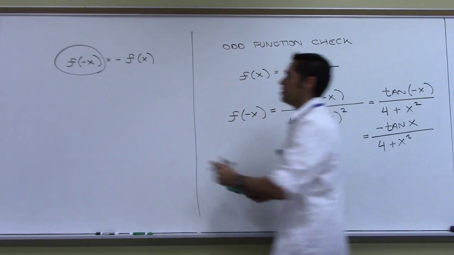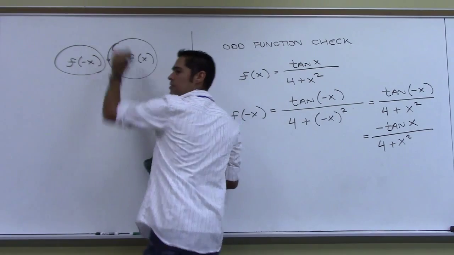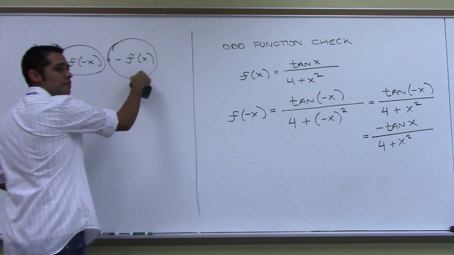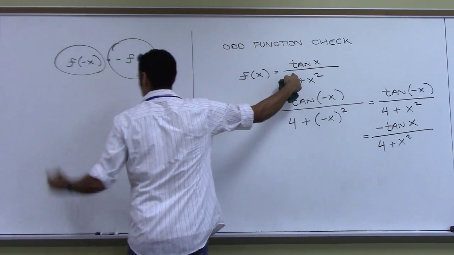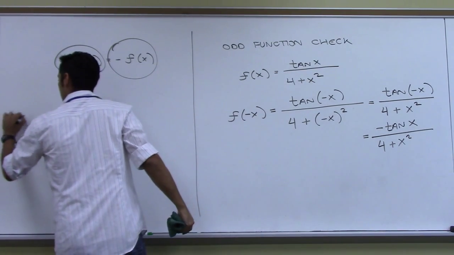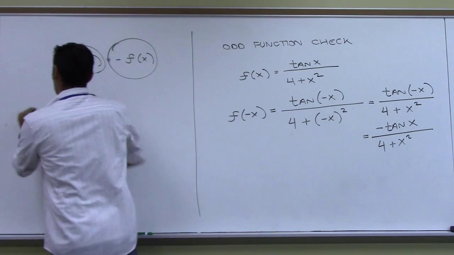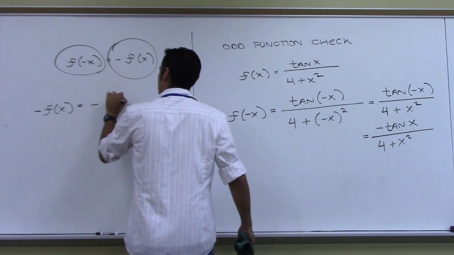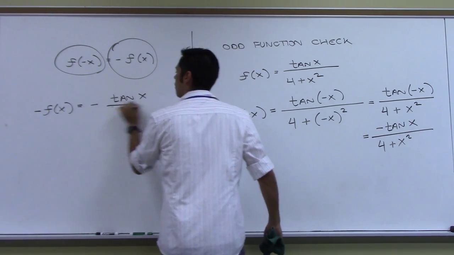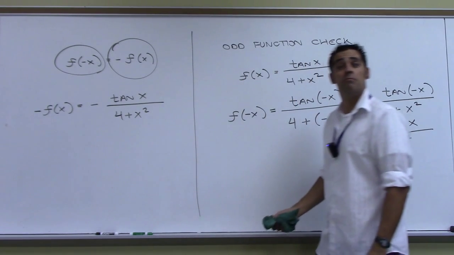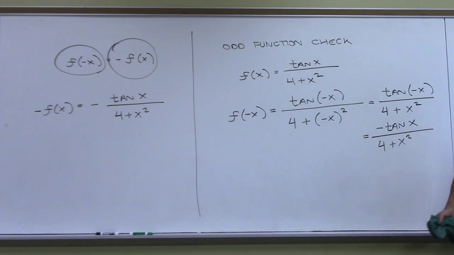Now let me check to see what this is. So what do I get if I put a negative in front of the function? So here's the function, put a negative in front of it. So negative f of x will be a negative in front of tangent x over 4 plus x squared. It's the same thing, isn't it?